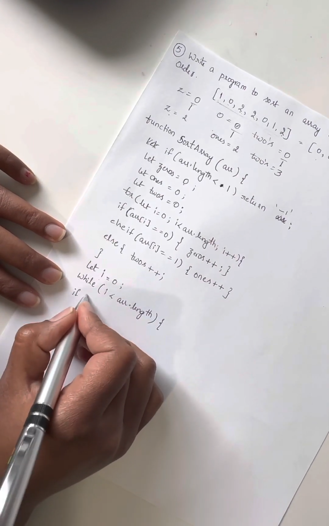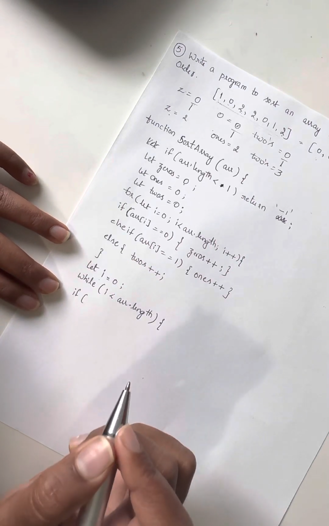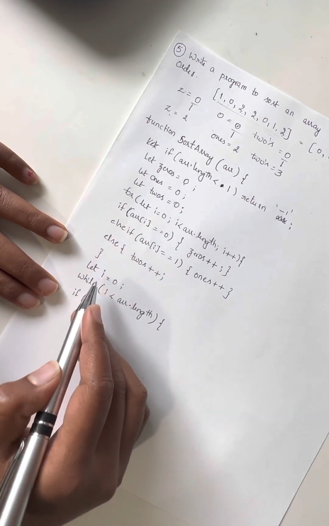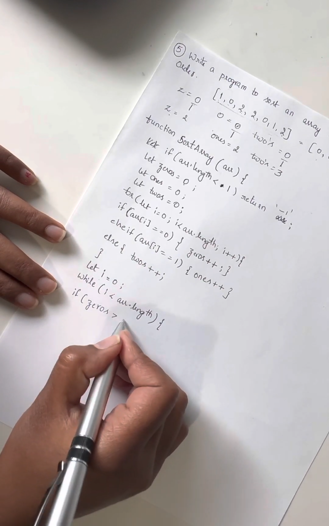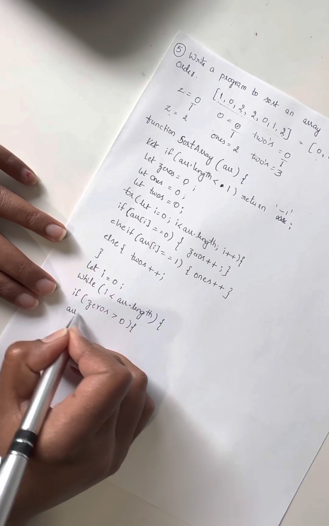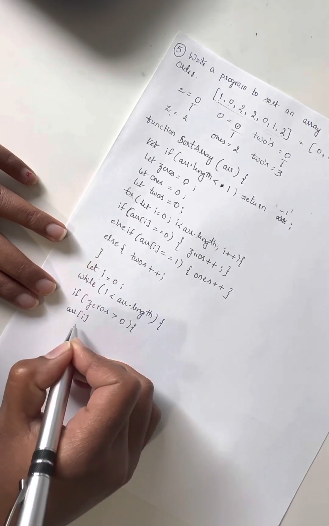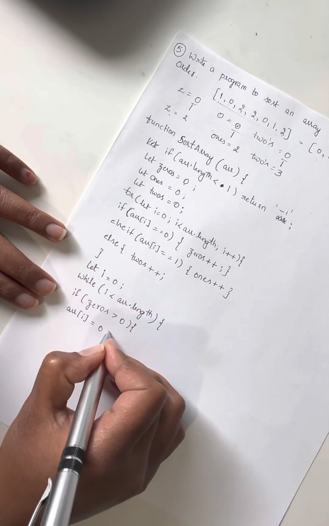So in the while loop, it should be in ascending order, right? So I am starting with the count of zeros. If zeros is greater than 0, then I will change the element at array[i] to 0.